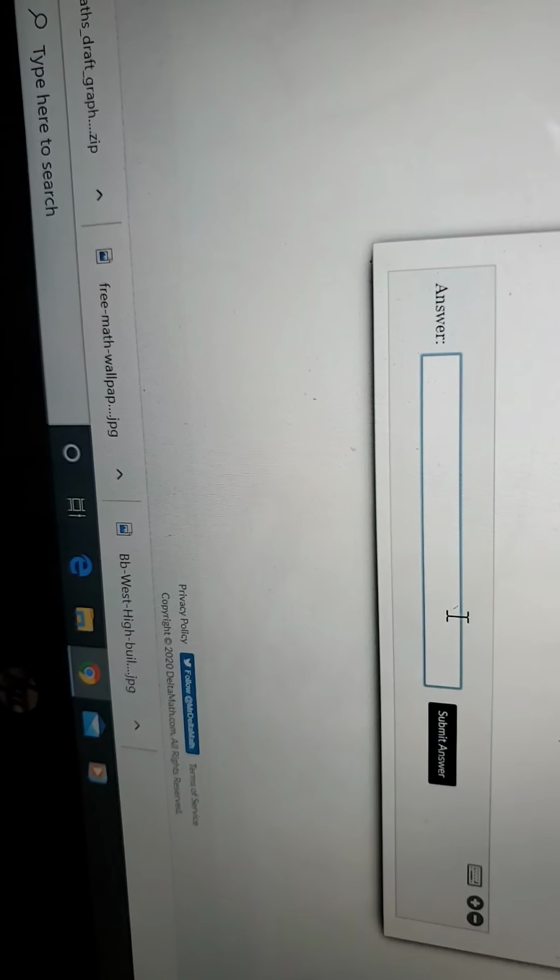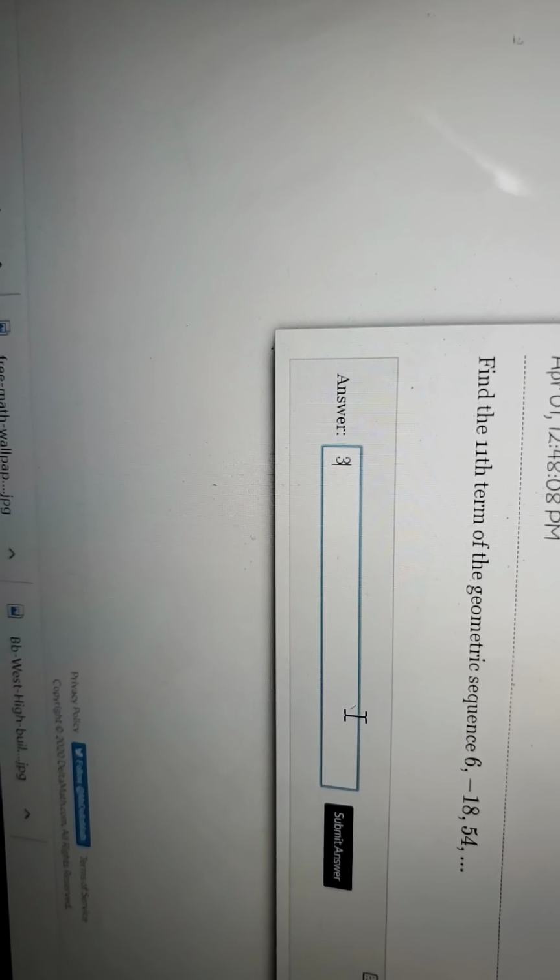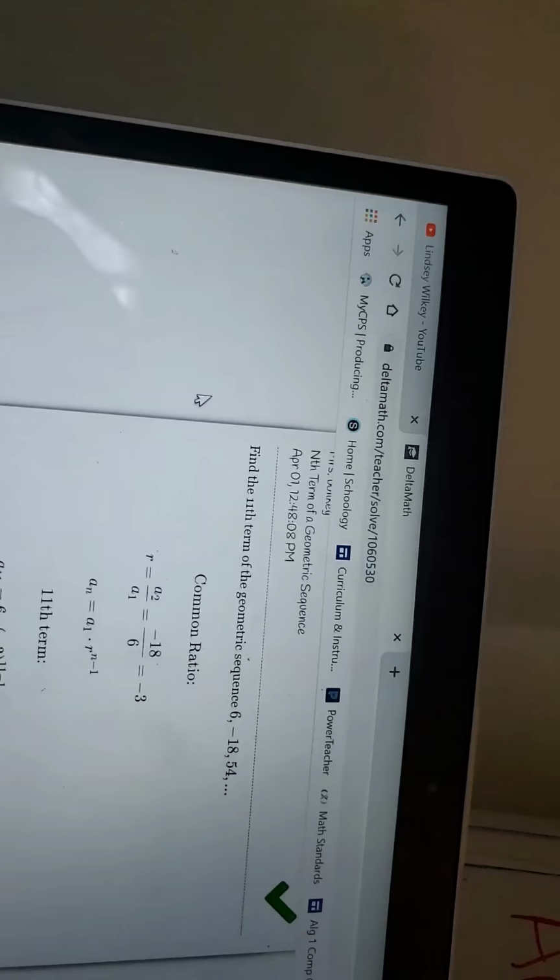Okay. 354,294. Okay. All right, and it did the same thing we did. It used this formula here for geometric sequence.